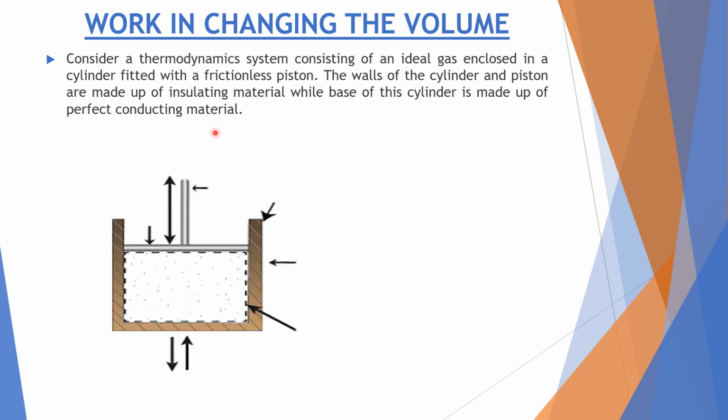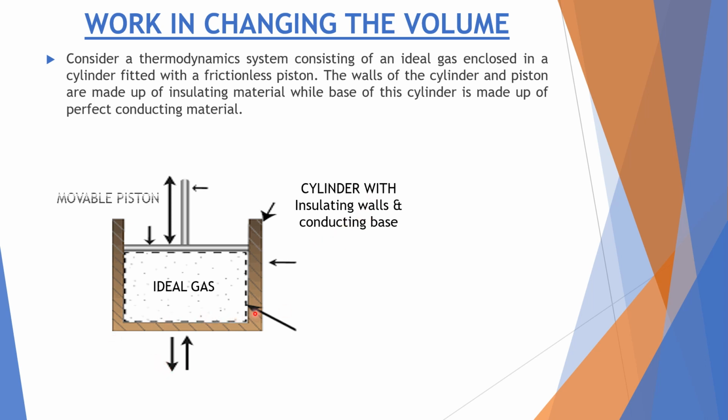So here we have a cylinder fitted with a piston, and an ideal gas is enclosed in it. These are the insulating walls of the cylinder, and this is the conducting base. This is the movable piston, and this is the piston rod. This piston will respond quickly to a very small variation.